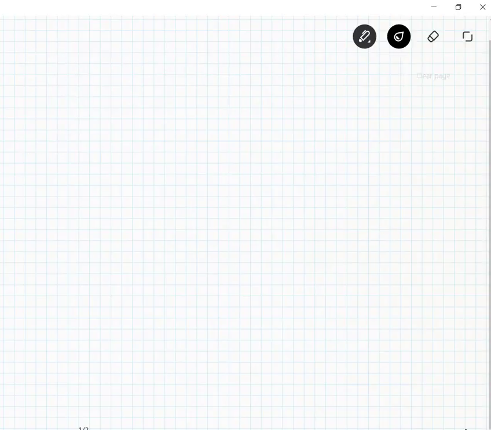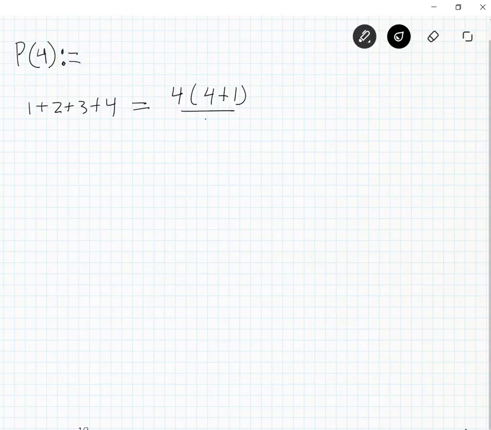Usually we use these with mathematical expressions. For example, P of 4 means we're defining the statement to be 1 plus 2 plus 3 plus 4 is equal to 4 times 4 plus 1 divided by 2.